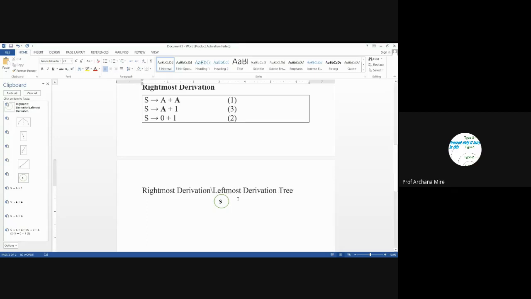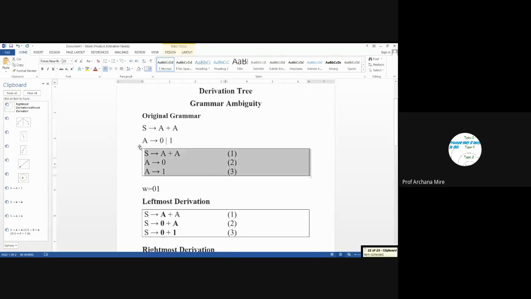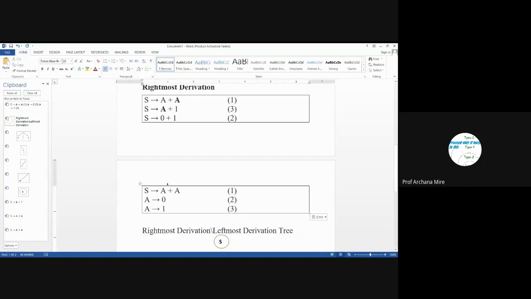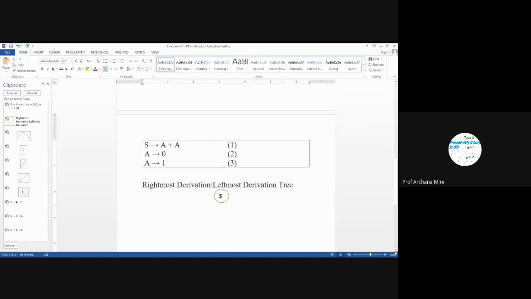But just for clarity, we will always apply either a rightmost approach or a leftmost approach. So let's start. I think this grammar will not be visible to you, so I will copy this grammar here so that it will be visible to you. Any doubt here till now? This is simple revision, so I don't think there should be any doubt.